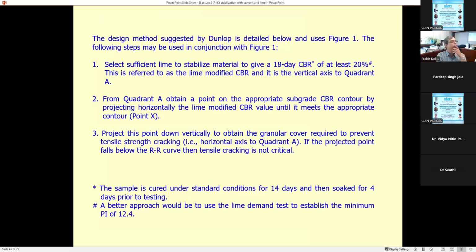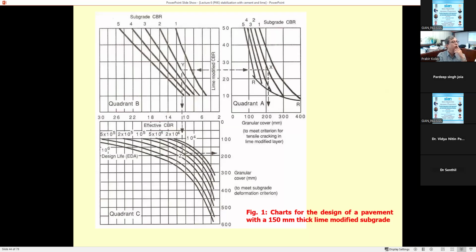So the first thing I need to do is select a sufficient lime stabilizer to give an 18 days CBR of at least 25%. And then from quadrant A, you need to find out the CBR of the modified method over here. First you check, in quadrant A, how much is the cover you need and how much is the subgrade value you need, okay?